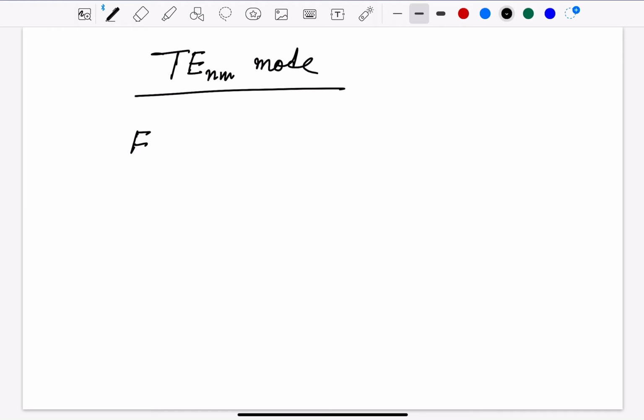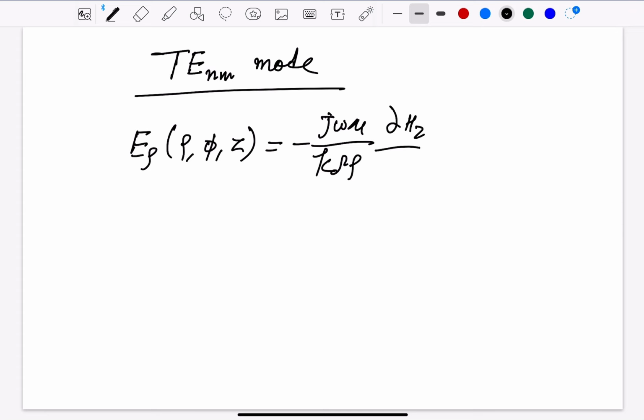Now the transverse field component for the TEnm mode could be written like this. E rho is equal to minus j omega mu over Kc square rho, dou Hz over dou phi.